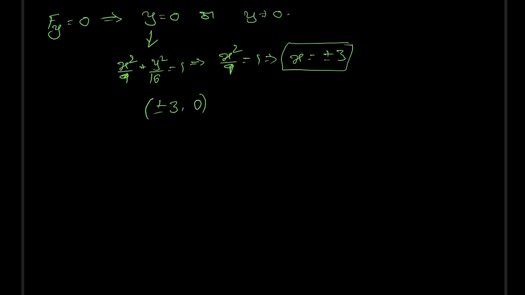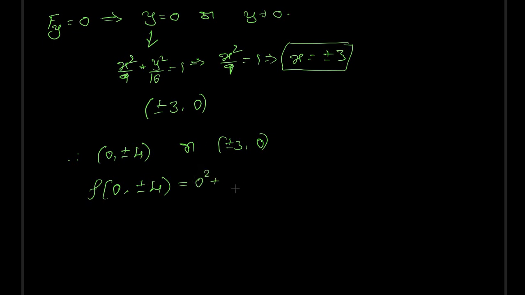So the only critical points we got here are either 0 comma plus or minus 4, or plus or minus 3 comma 0. Now let me see what f of 0 comma plus or minus 4 is. That is x square plus y square, so 0 square plus plus or minus 4 whole square, which is 16.